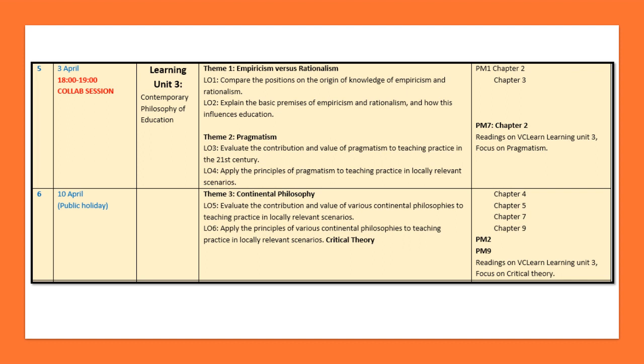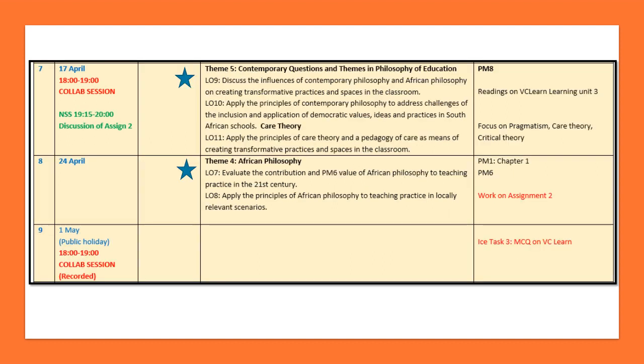Okay, I went back a page. I want to draw your attention to week 7 and week 8. I'm not crazy. I did not make a mistake. There's a reason why I want you to go through Theme 5 before you go through Theme 4.